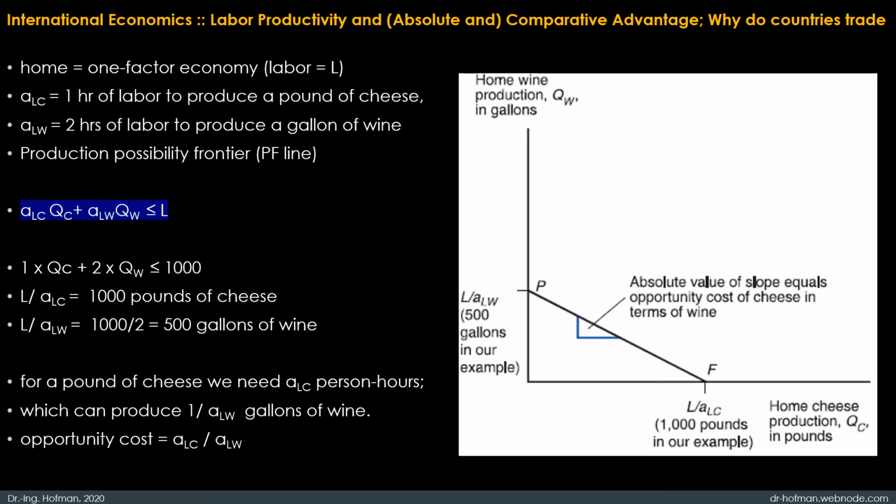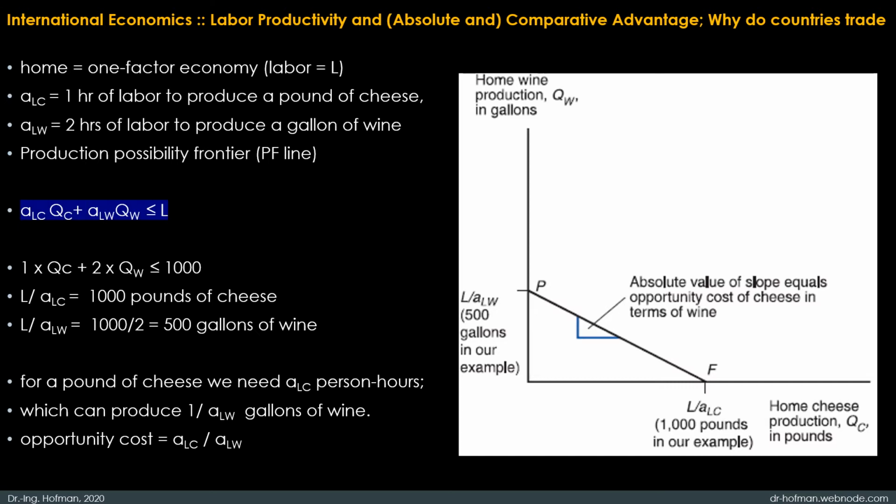Because the economy's total labor supply is L, the limits on production are defined by this inequality: ALC·QC + ALW·QW ≤ L.